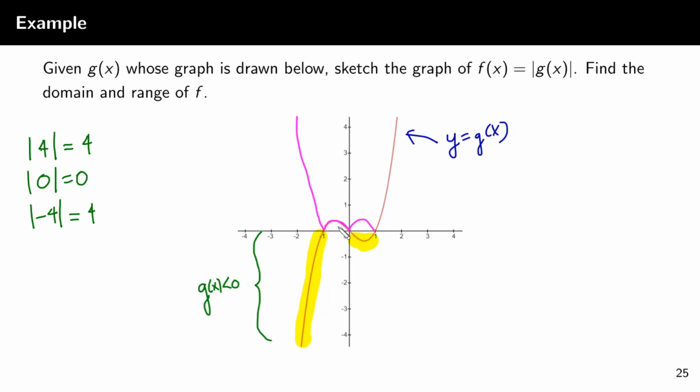Okay. So, yung parts na nasa taas ng x-axis, kukopihin ko lang. Okay. So, this pink graph here is now the graph of the absolute value of g of x. So, this is y equals f of x.